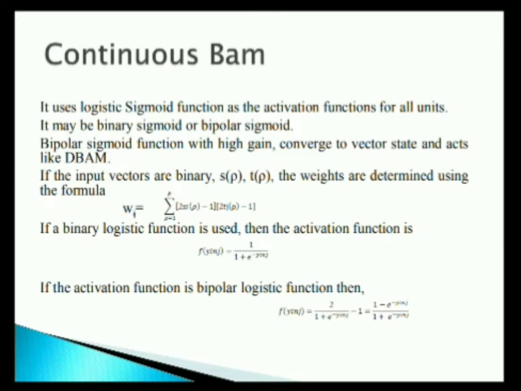If the input vectors are binary, the weights are determined using the formula w_ij = summation from p = 1 to P of (2 s_i(p) - 1)(2 t_j(p) - 1). If the binary logistic function is used, then the activation function will be f(y_inj) = 1 / (1 + e^(-y_inj)).